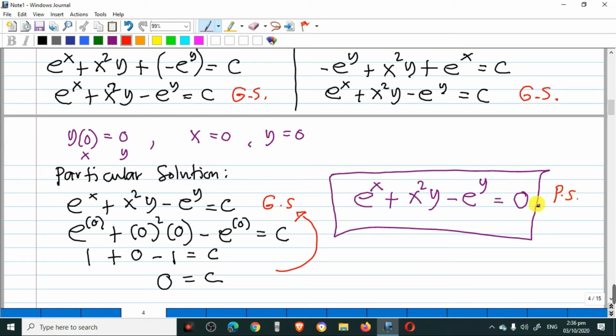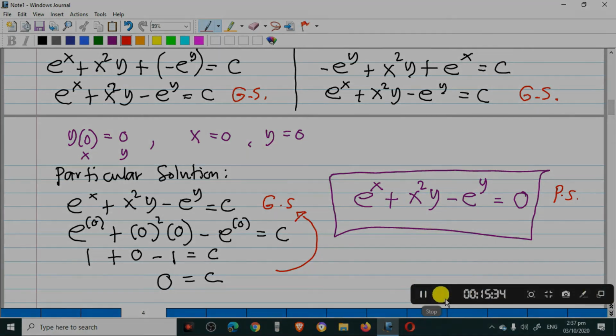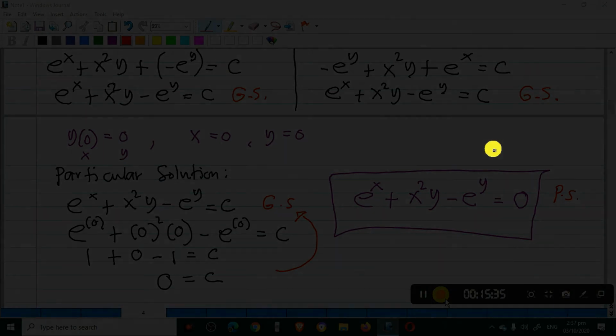Okay, hopefully this is clear. That is the first method we used in finding the particular solution of an exact differential equation. So, I will proceed to our second method, which uses the direct integrable and non-direct integrable terms.